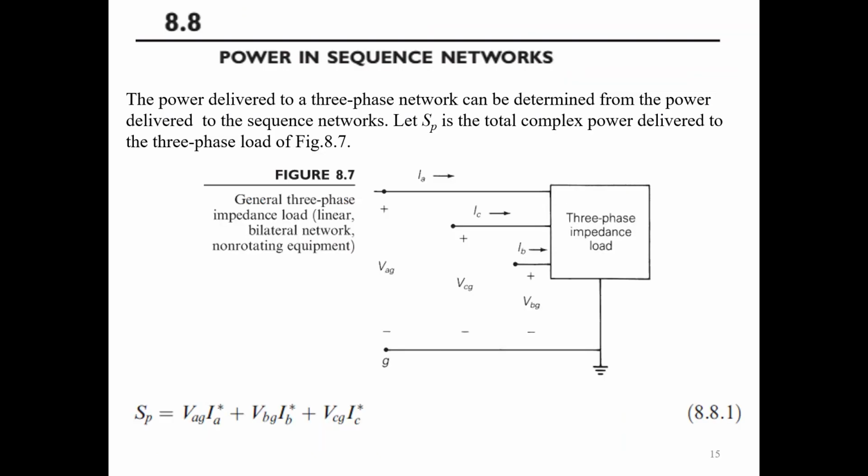So if we discuss the power, what would happen to the power in the sequence network? Okay, we just look into the general formula first. If we have the three-phase load, in this case the impedance load, we want to see how much power is being consumed by this load. We express the three-phase consumption by the multiplication between V and the conjugate of the phasor current.